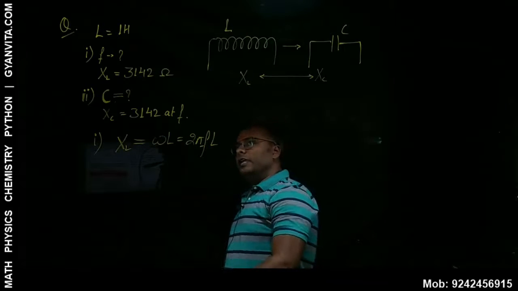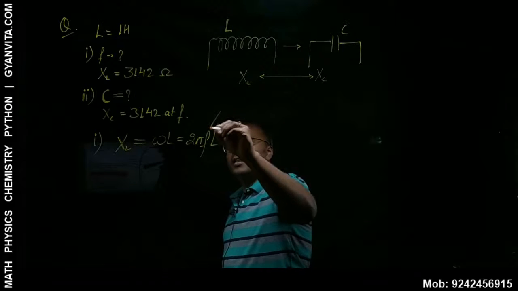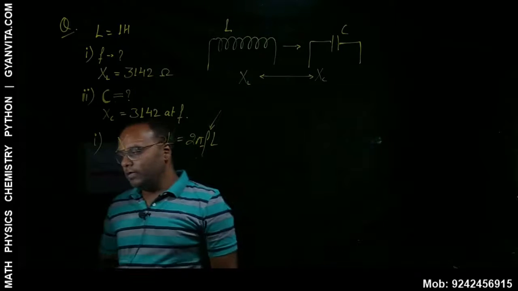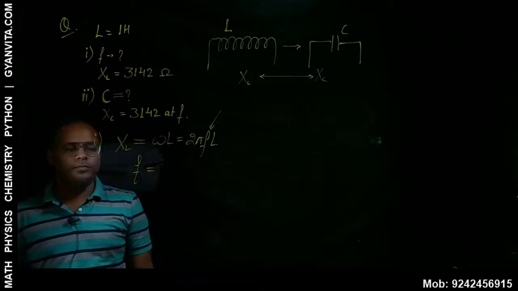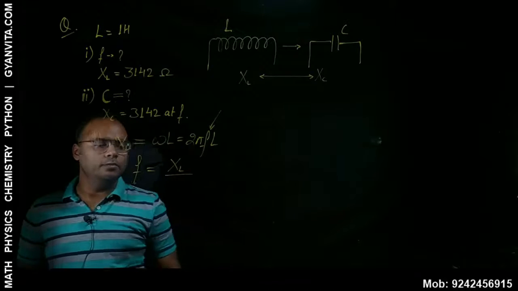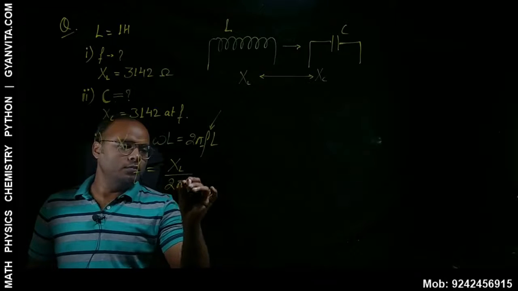You actually have XL. You don't know this f, and this f is what you have to find, right? So this f, from this expression, I can say will be equal to XL divided by 2 pi L.